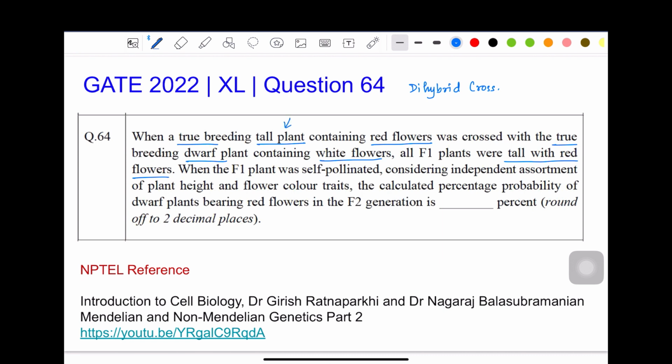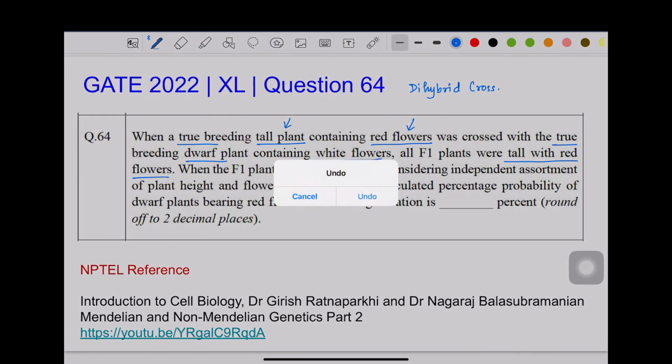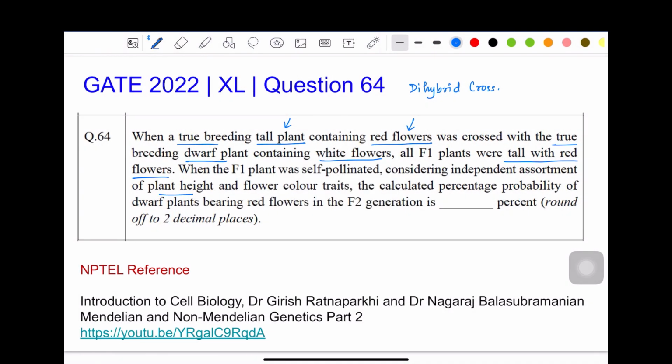One is plant height, another is the flower color. We have to determine the percentage of dwarf plants with red flowers in the F2 generation. So this is a classical Mendel's dihybrid cross.